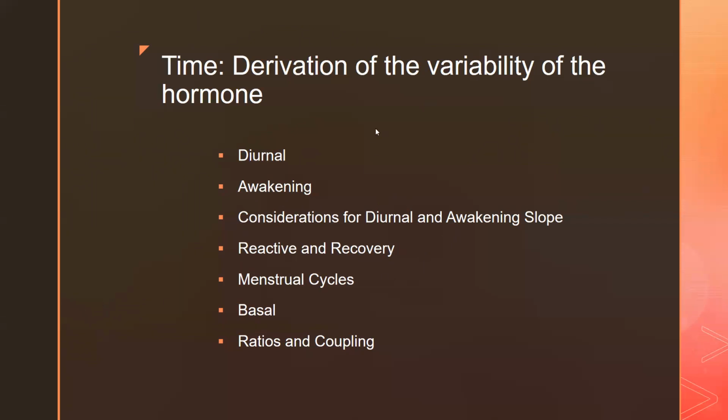So when the hormone goes up and when it comes down. How do menstrual cycles affect our findings, and how do we control for that? As well as basal, and very briefly, we'll talk about ratios and coupling.